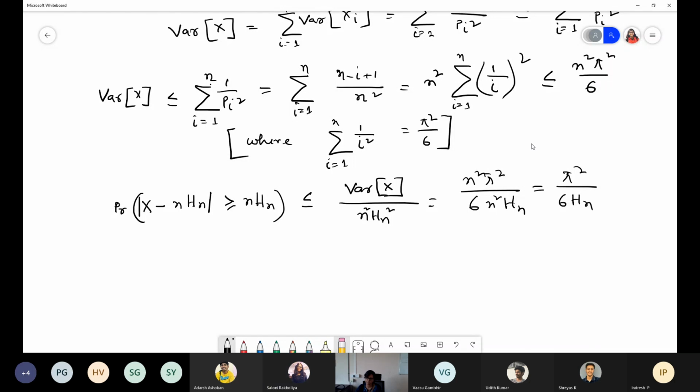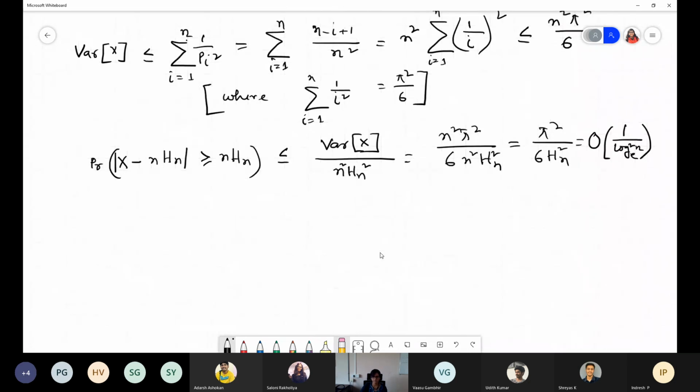Hn is log n. Pi square by 6 is actually constant. So basically what I am getting is order of 1 by log square n, or log n whole square, base e. This is what I am getting.